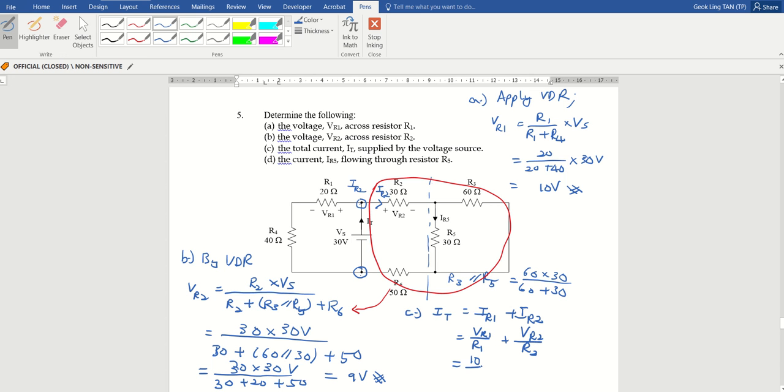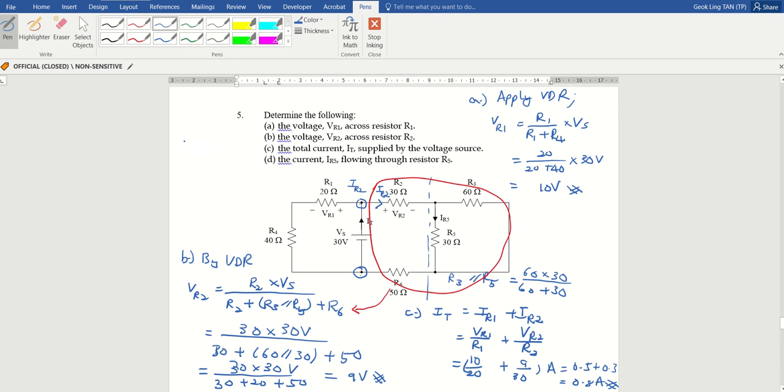So 10 divided by 20, plus 9 over 30. That will give you amps. So that gives you 0.5 plus 0.3, equal to 0.8 A. Okay, 0.8 A. That's part C.